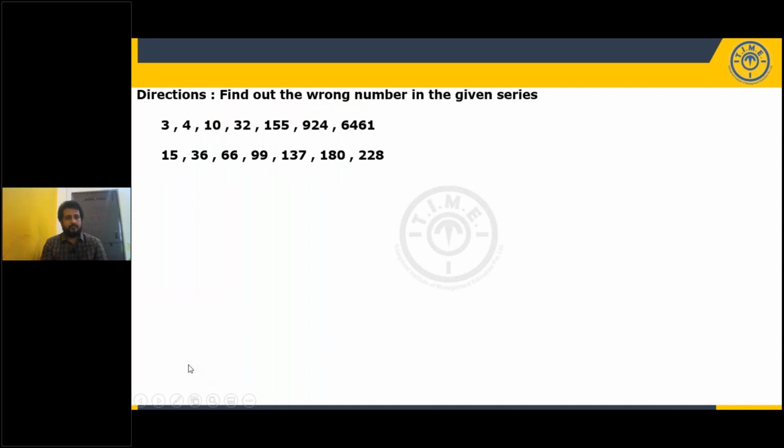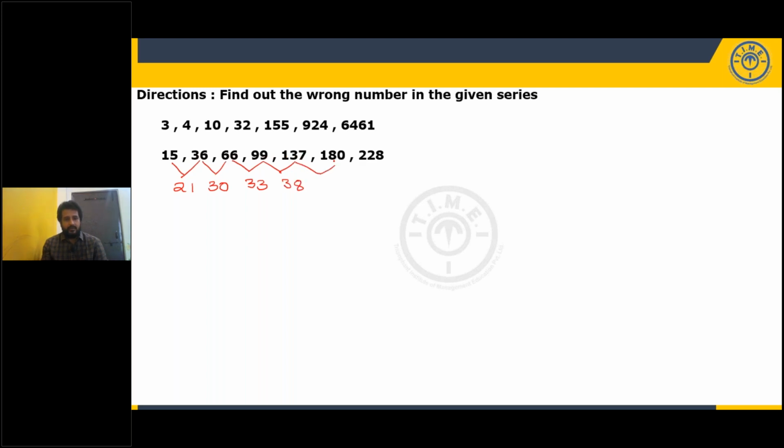And the next question given below is this one: 15, 36, 66, 97, 137, 180, 228. Let's look at the differences, because the numbers are increasing slowly. Difference is 21. Difference is 30. Okay. Now, what is the difference here? 33. Fine. Because there is one wrong number, 97 to 137 difference is 40... 66 to 97 is 31... 97, 137 difference is 38.